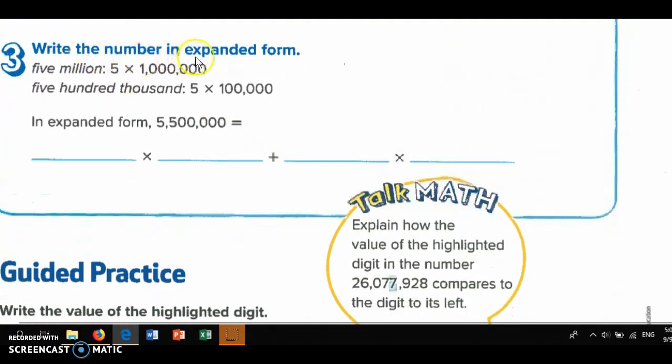Write the number in expanded form. Very easy. 5 times, what is it again? What is that 5? Yes, 5 times 1 million. Don't forget to put your commas.